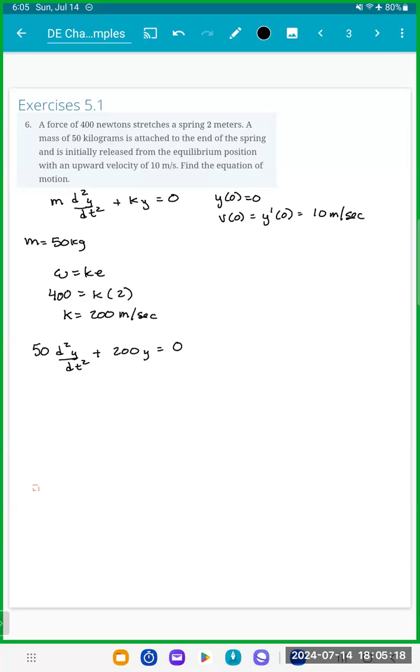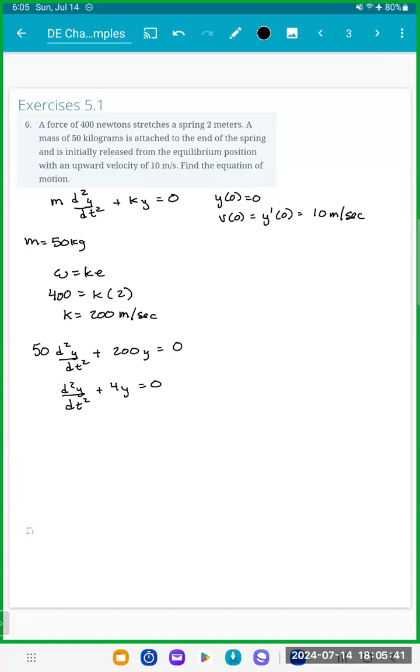So when we put that into the equation here, if we want to get this 50, we divide this whole equation by 50, and we get d2y over dt squared plus 4y is equal to 0.